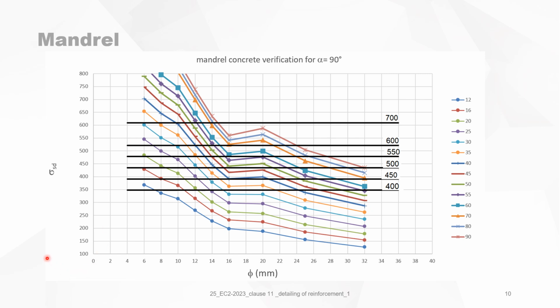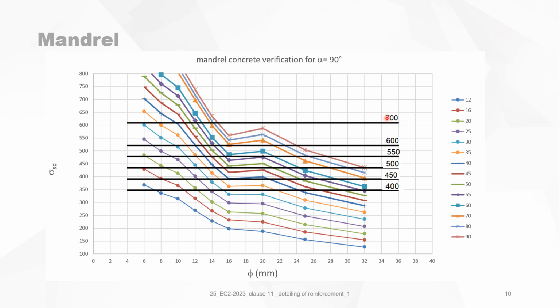Now, once that we know the system, we can now make a total graph of different cases. On the x-axis, again, the diameter of the rebar, the y-axis, the permissible stress in the reinforcement. And we've put on this graph the maximum values for BE500, 450, and so on, up till BE700. So up till the yield strength of 700.